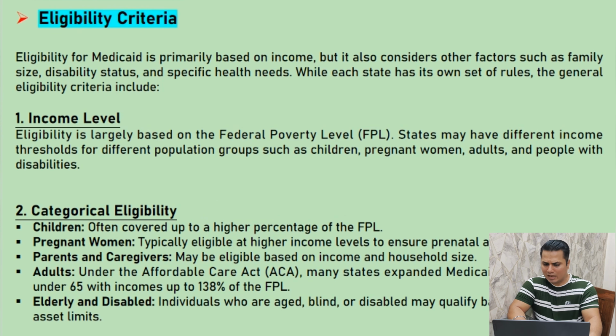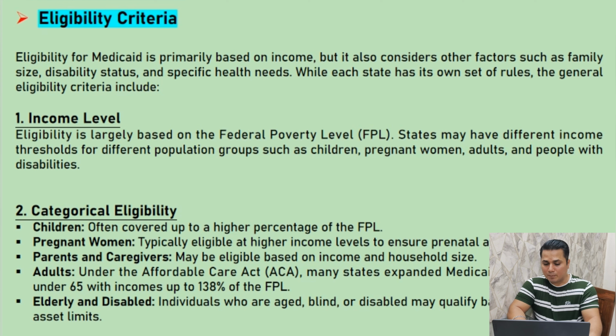Eligibility criteria. Eligibility for Medicaid is primarily based on income, but it also considers other factors such as family size, disability status, and specific health needs. While each state has its own set of rules, the general eligibility criteria include: number one, income level.